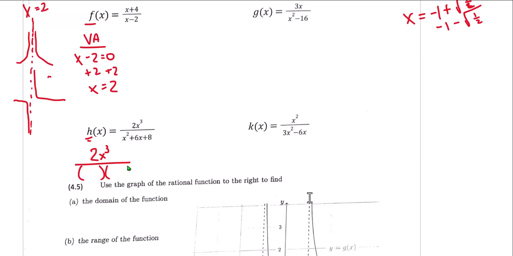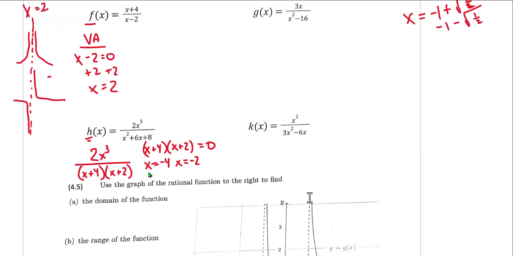So that denominator is going to factor into (x plus 4)(x plus 2). FOIL that back through, x squared, 2x, 4x gives us the 6x, and the 4 times the 2 gives us the 8. So now we can set that denominator equal to 0. So either x plus 4 would have to be equal to 0, or x plus 2 would have to be equal to 0. So x would have to be equal to -4 or -2.